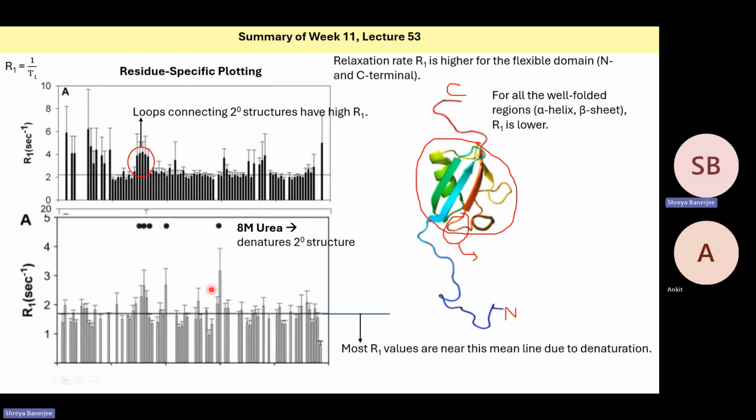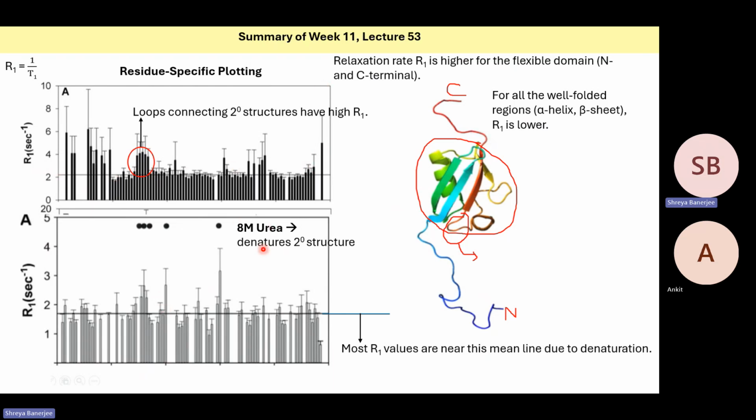Now, the lower graph is basically in the presence of 8 molar urea. In 8 molar urea, it will completely denature all the secondary structures. And you can see that most of the R1 values are near this line that is shown. If you have a mean line here, in the case of the folded protein, there are many R1 values which are deviating from this line.